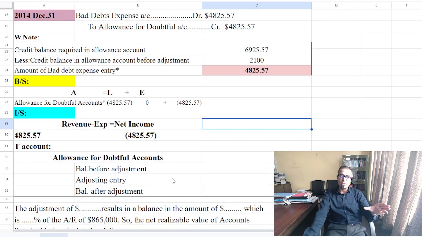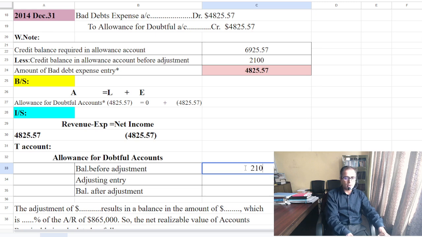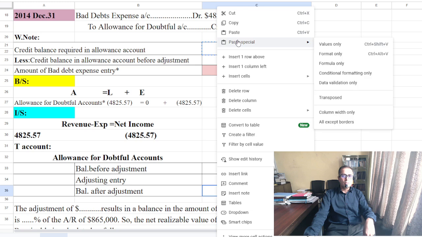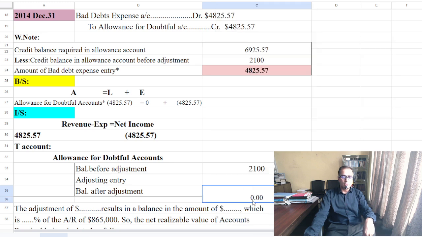Now next, again we have to do our working notes, T accounts: balance before adjustment, adjusting entry, and the balance after adjustment. The balance before adjustment, as per the given question, is $2,100, and for the balance after adjustment we have this value. I would just copy and paste it, because I need to take the value.